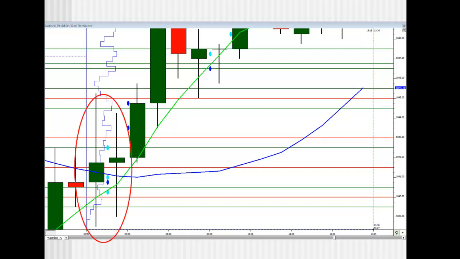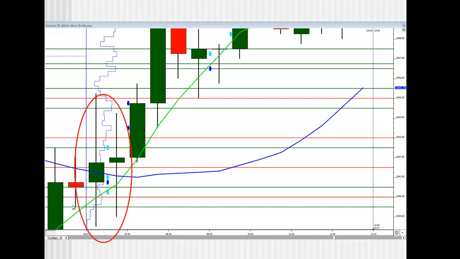And it's a very good high probability setup. Well, for starters, we're going to focus our attention on these two candlesticks, or these two 30-minute periods, which were the very first two 30-minute periods during the session, or in other words, the initial balance.